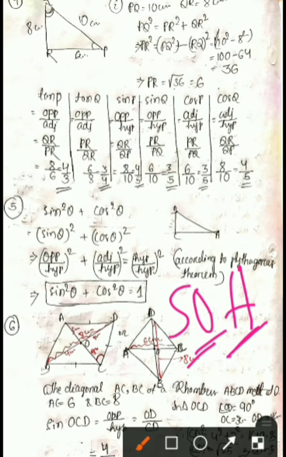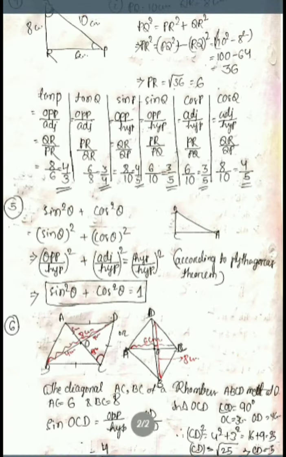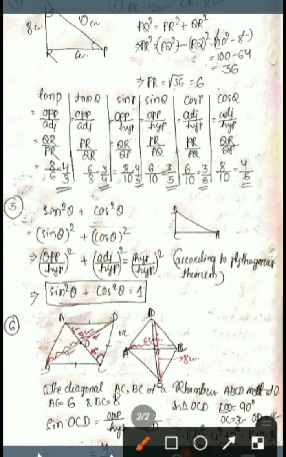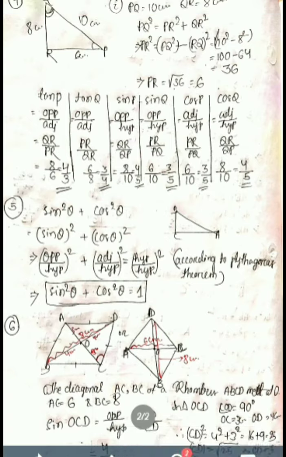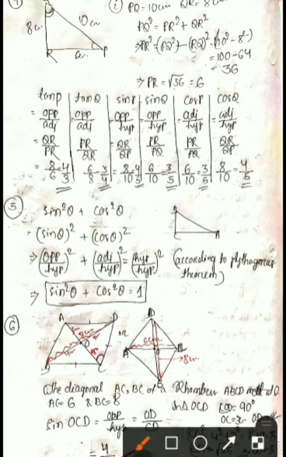In triangle OCD, what is the opposite of angle C? OD is the opposite. Opposite per hypotenuse, hypotenuse is CD. OD by CD, that is 4 by 5. So the answer is 4 by 5.